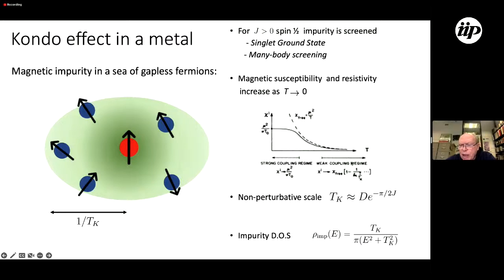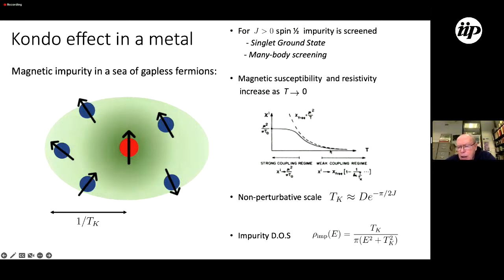So this is the weak coupling regime, where the impurity interaction with the electron behaves almost like very weak coupling, while here the coupling is so strong that the impurity is completely screened, and we can see that it is screened by the fact that the susceptibility is finite.